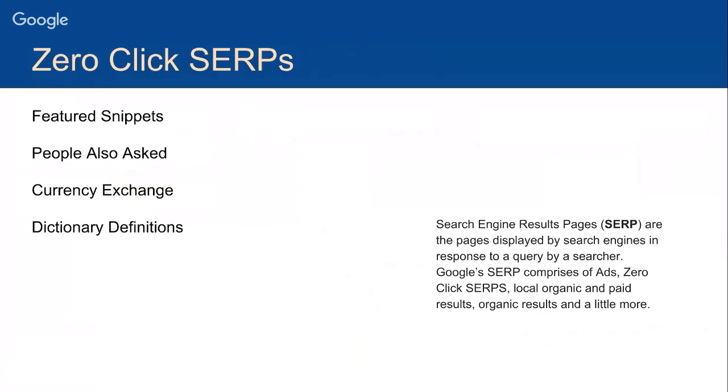But from a keyword research perspective, the 4 elements mentioned on this slide are what we want to talk about from a written content perspective. And written content is very different to video and image content, which also have zero-click SERPs themselves.